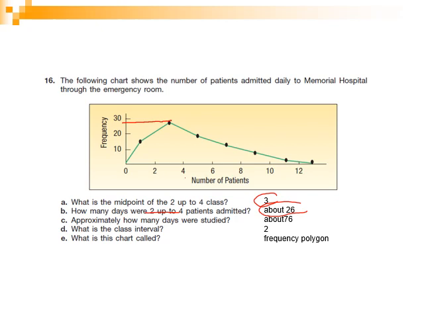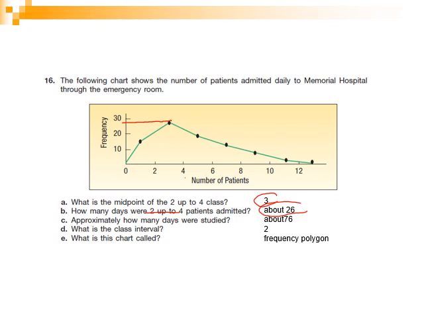Part C, approximately how many days were studied? Here we are also asking about the frequency. This question means the total frequencies, and we calculate the total frequencies from the chart by adding the frequencies at each dot.